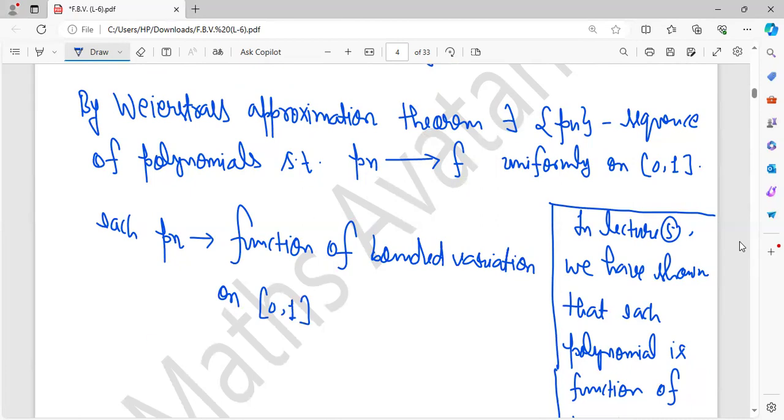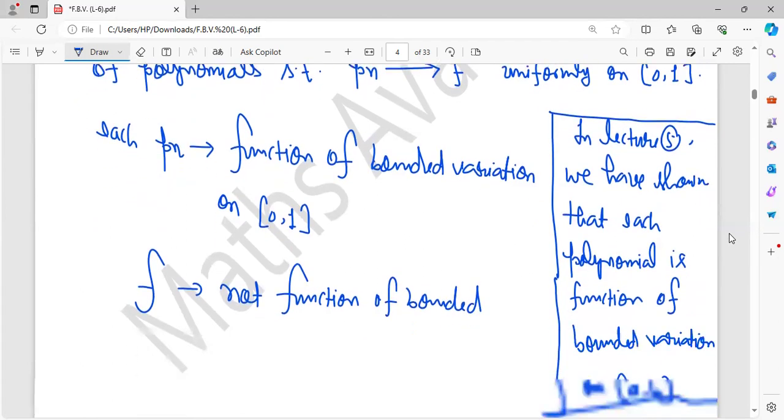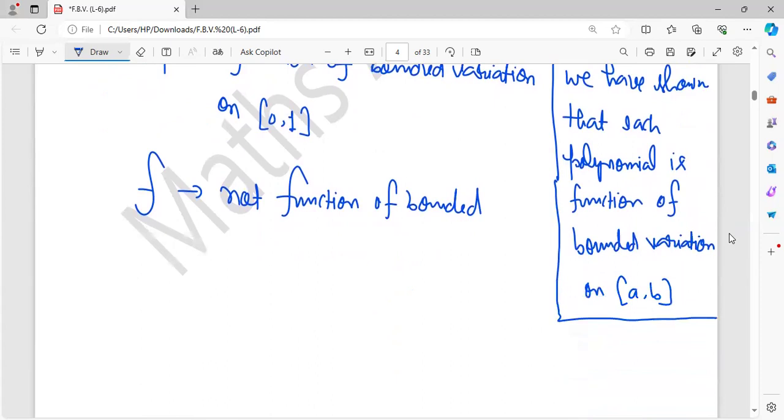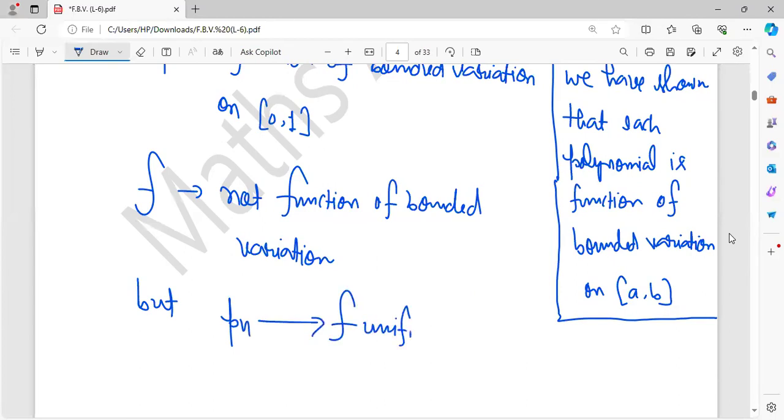But we have just proved that F is not a function of bounded variation, but Pn converges to F uniformly on closed interval 0, 1.